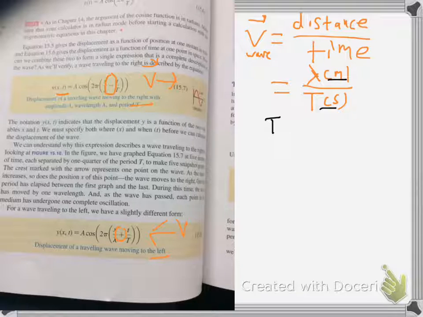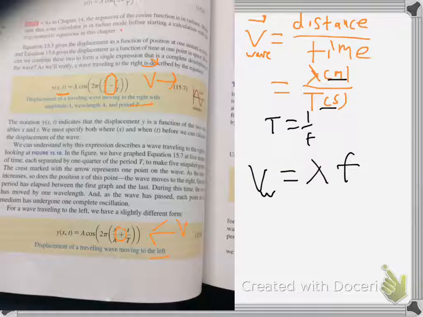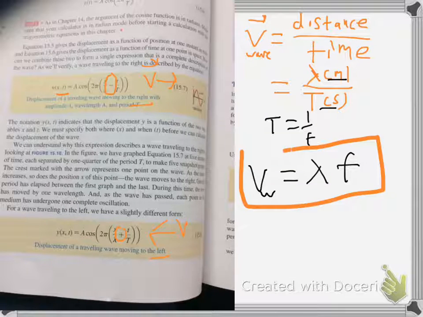Because T is equal to 1 over f, most commonly you will see this written like this. So the velocity of a wave is equal to its wavelength times the frequency of the wave. And we will look at this much more when we talk about light, especially. Okay, thank you.